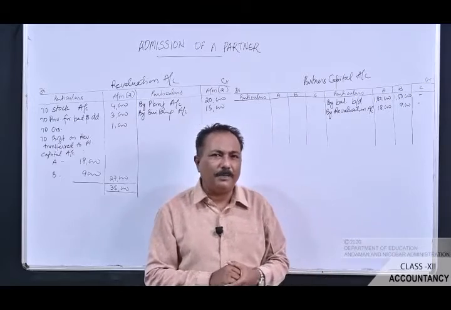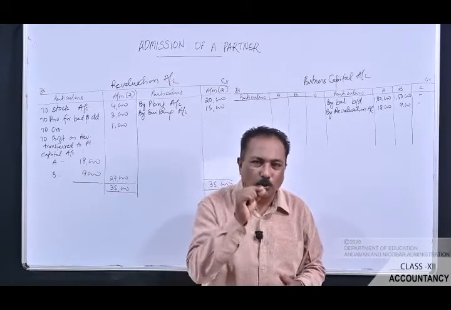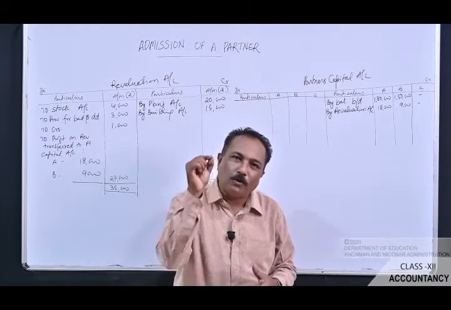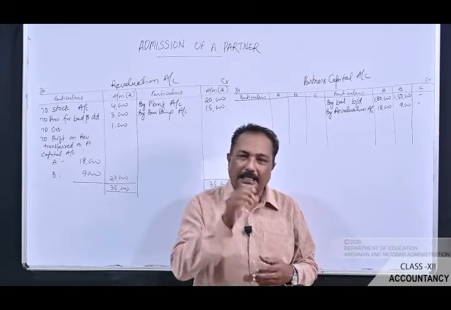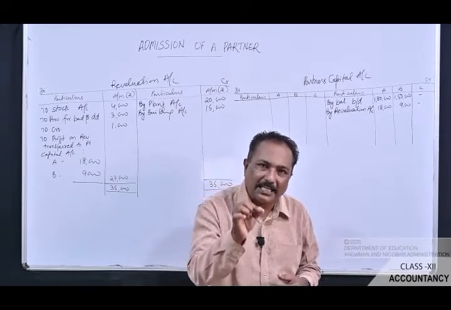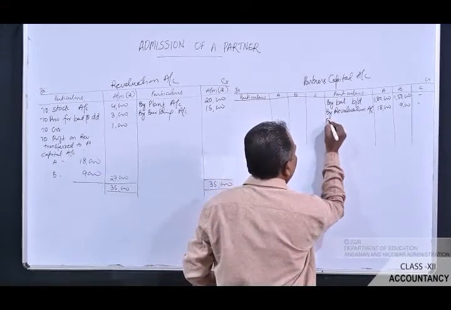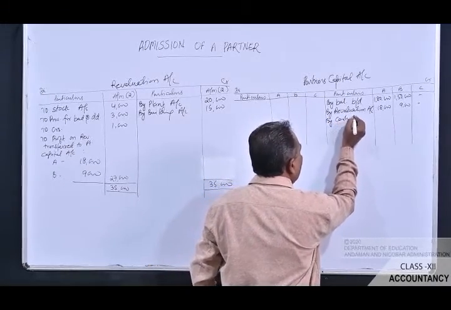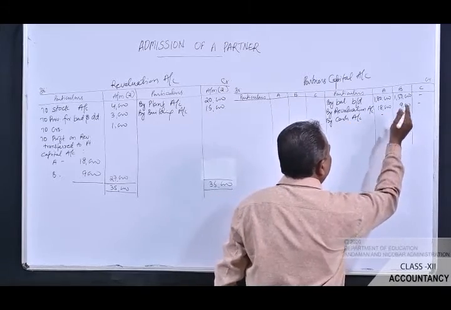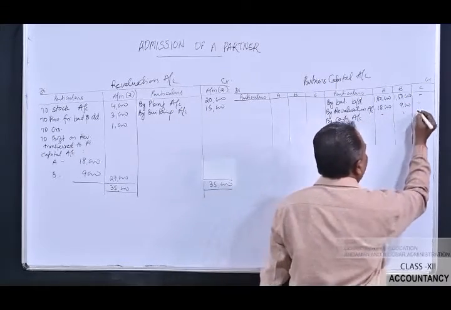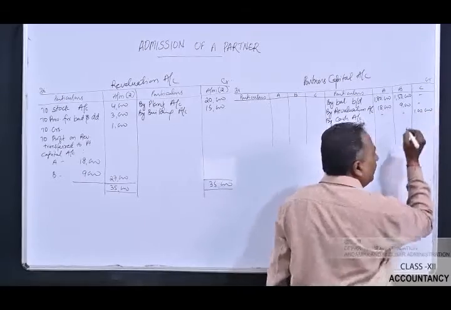The general entry will be cash account debit to C's capital account to premium for goodwill account. Here in this case, C's capital account has been credited, so you have to post on the credit side. What you will write here is by cash account. How much is he bringing by way of capital? He is bringing rupees 1 lakh as his capital.